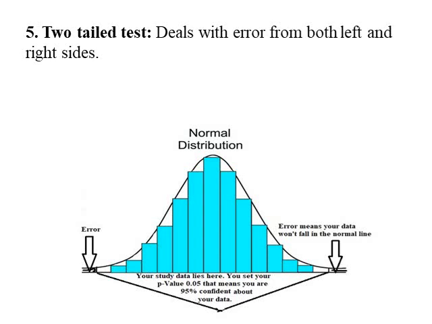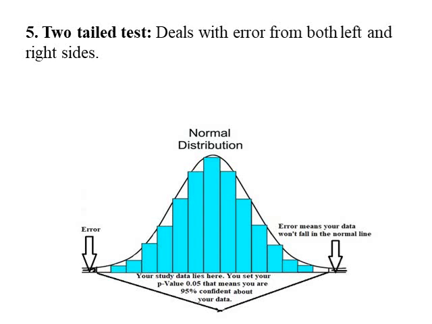Two-tailed test. Normal distribution of data follows altogether 5% of errors from both sides, that is, both right and left. This error is also known as critical region. Please see the diagram. In both corners, you can see error, and these two errors signify two-tailed test.